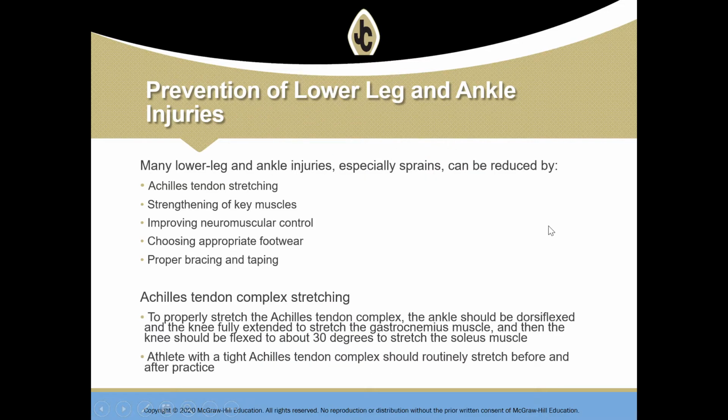So when we talk about preventing injuries of the ankle and lower leg, we talk about these several things. So Achilles tendon stretching. We want to make sure that the Achilles tendon and the calf are stretched properly to have proper range of motion at the ankle.